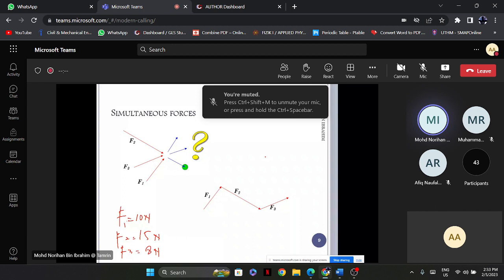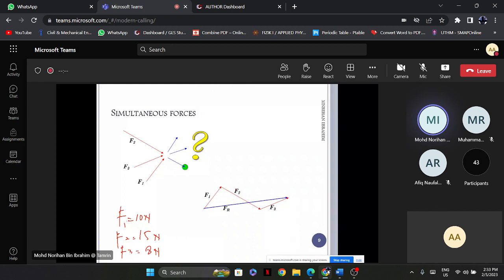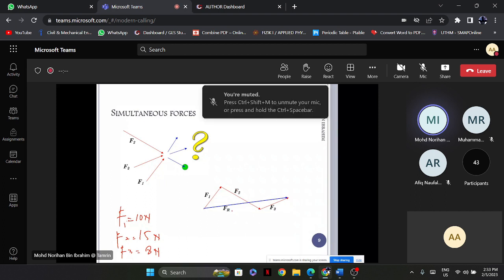So we can write down the equations of the resultant force, which is symbolized as F subscript R, capital letter F subscript R, which we call a resultant force.